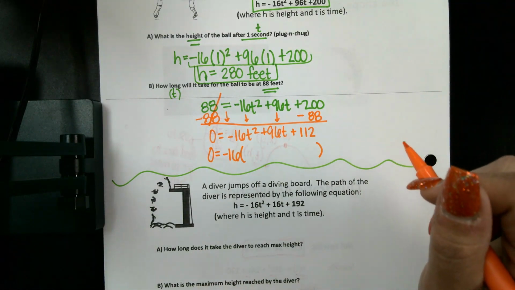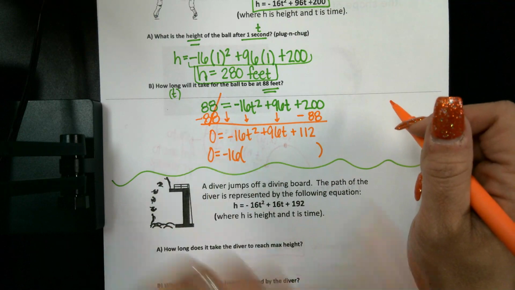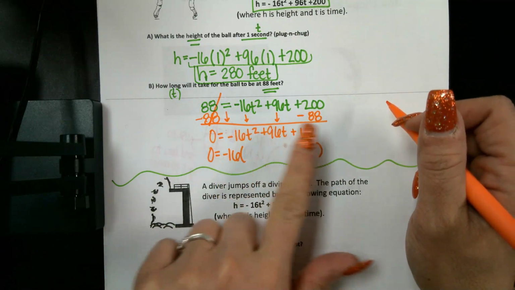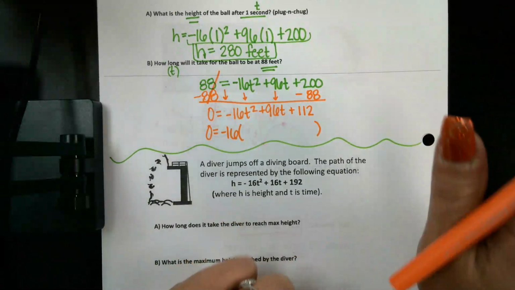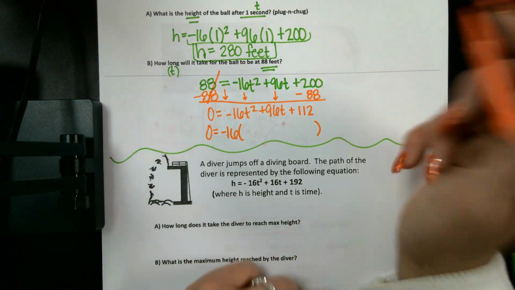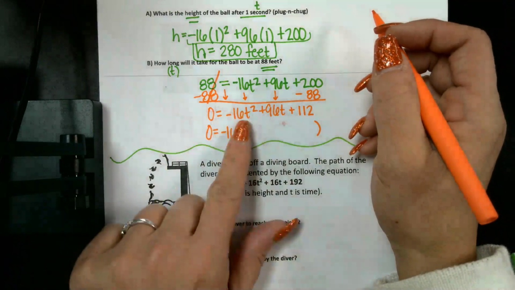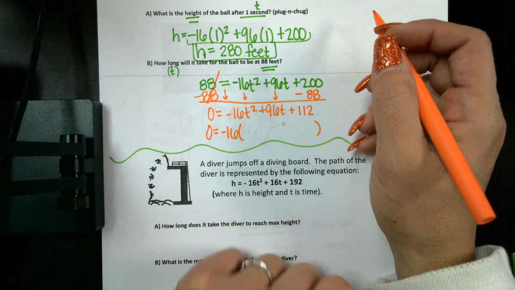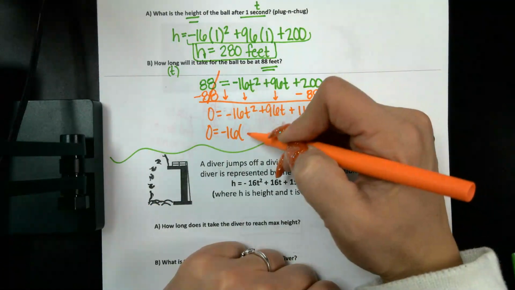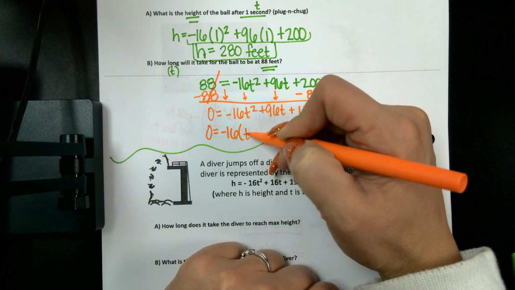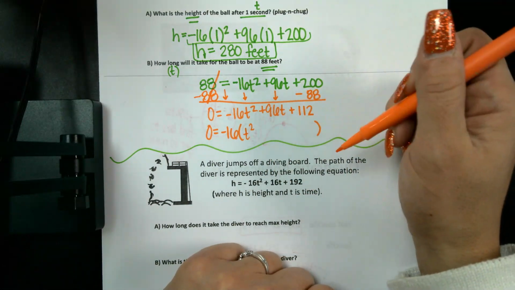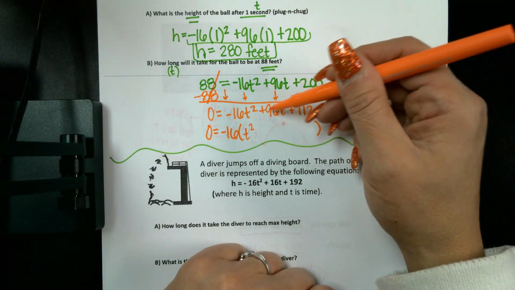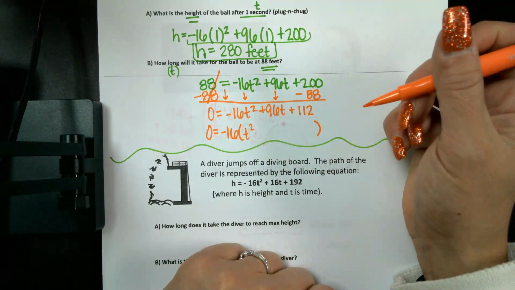Hey, guess what? You can. We're going to do a GCF. We are going to divide all three terms by negative 16 because I don't want that negative 16 there if I don't have to have it there. What would be left out of that first term? Just the t squared? Okay. Now the other two pieces, you guys are going to actually have to do the division there. You're going to have to figure out what 96 divided by negative 16 is.